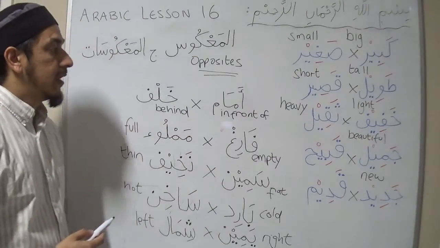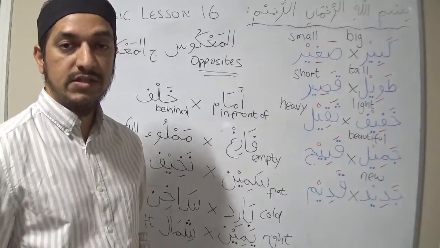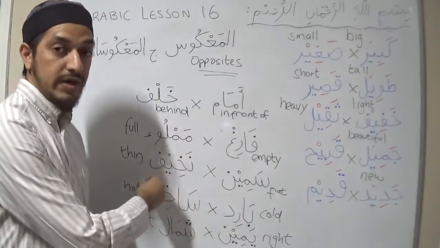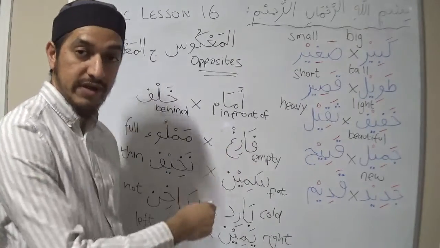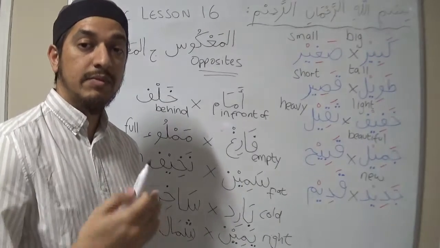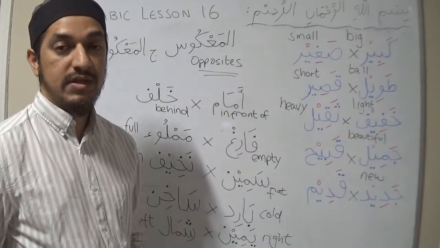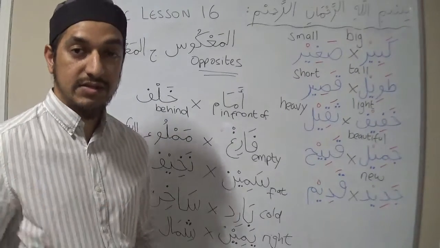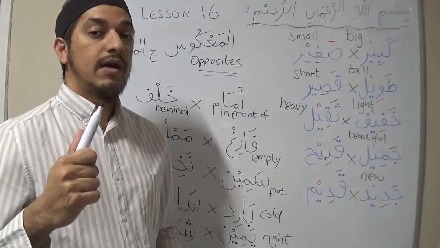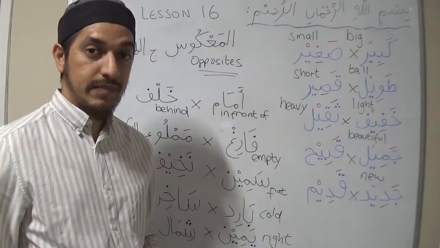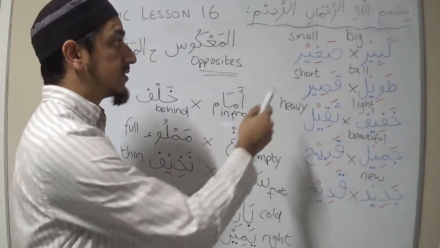So there you go. And that's how we kind of know if it's an adjective or not: when the word after it follows it in having alif lam or not having alif lam, being specified or not specified, and being masculine or feminine, we realize that it's an adjective and not telling us something about it. Because if I was to say al-walad, the boy, if I was to say the boy is small, we said saghir was the word for small.